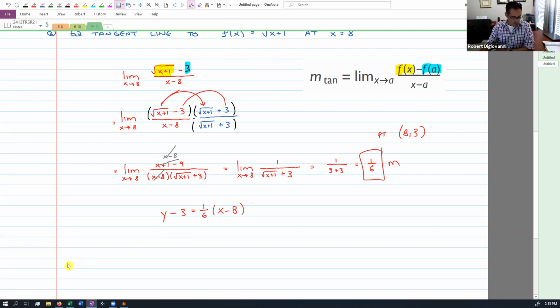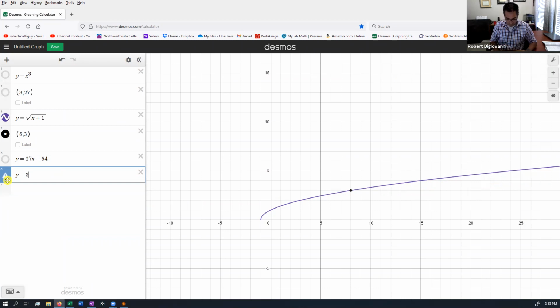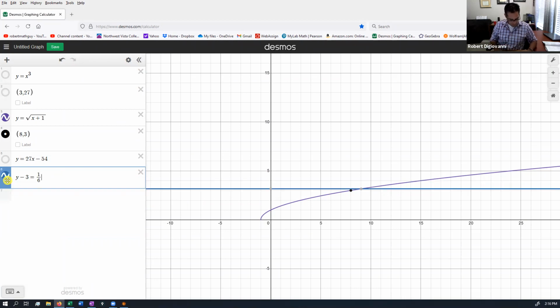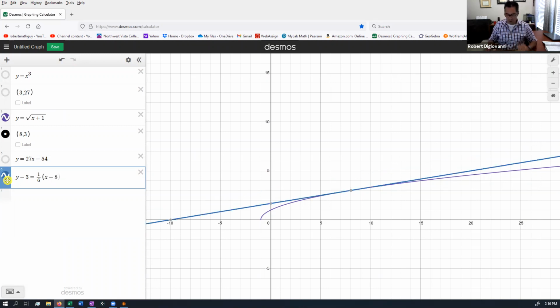And you can move things around there. I'm just going to graph this because I can type it in like this on the graphing utility. This is going to be y minus 3 equals 1/6 times x minus 8. There it is.